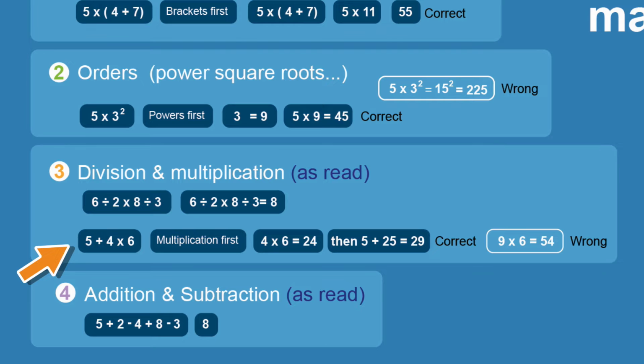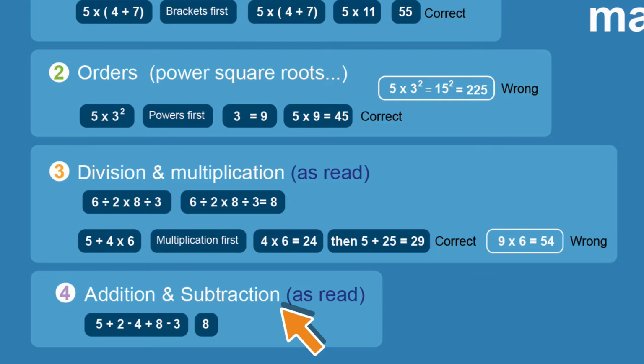In this example here, 5 plus 4 times 6, 5 plus 4 is 9, times 6 is 54. That's a wrong answer. You do your multiplication first. So 4 times 6 equals 24. Then you add the 5 and you get the correct answer, 29. Put these into your calculator, you'll get the answer 29.